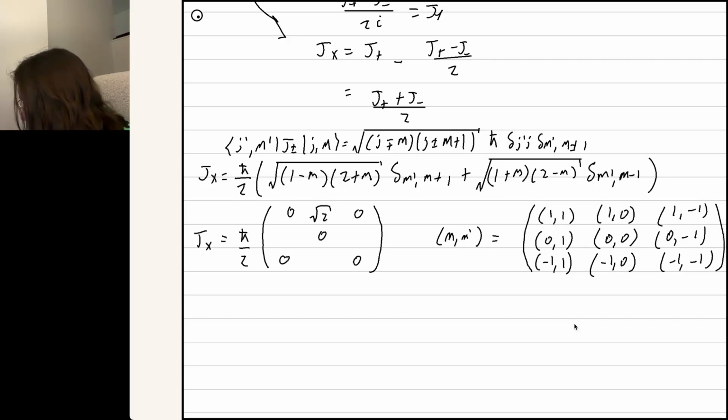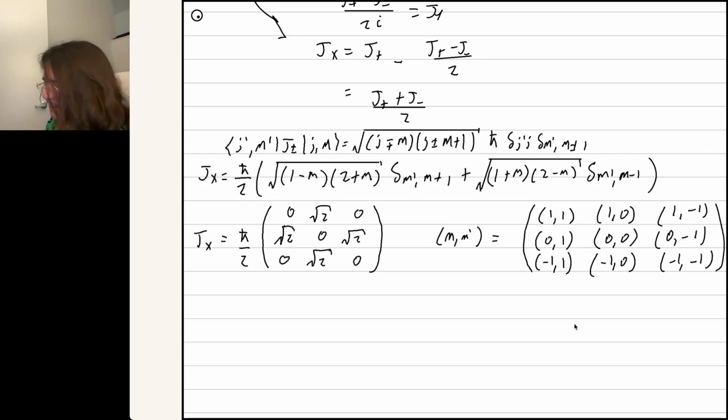For this one, m is equal to 1 again, so root 2. For that one, m was equal to 0. That means this term becomes root 2, the first one. And this one, same deal. It's all root 2.